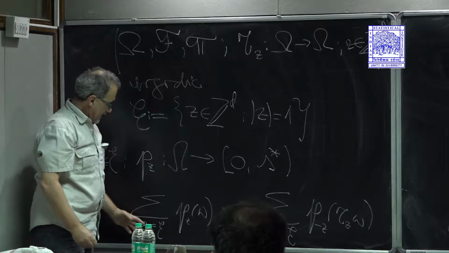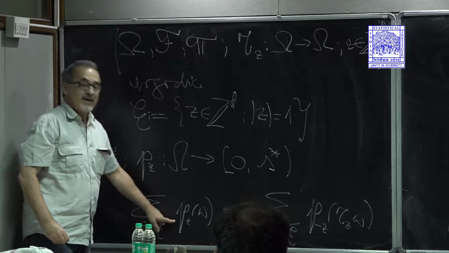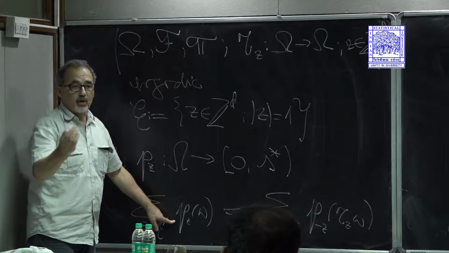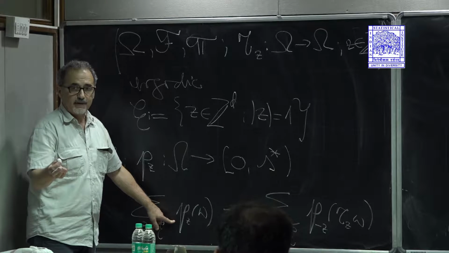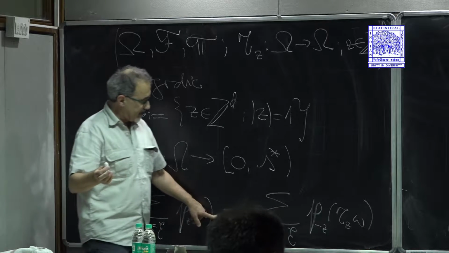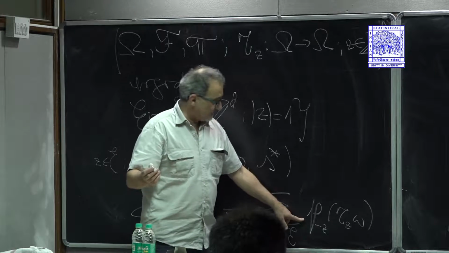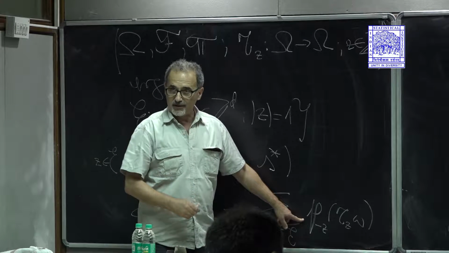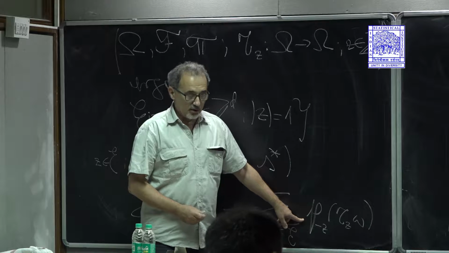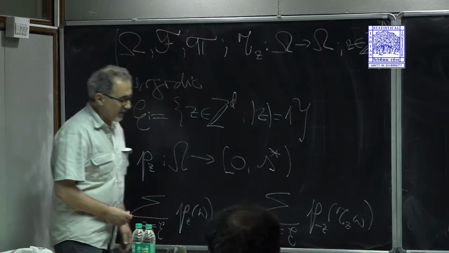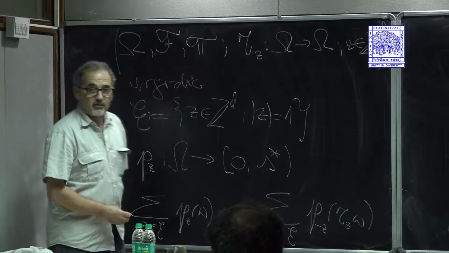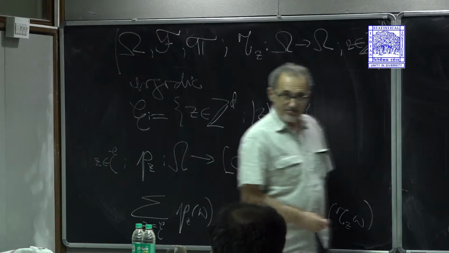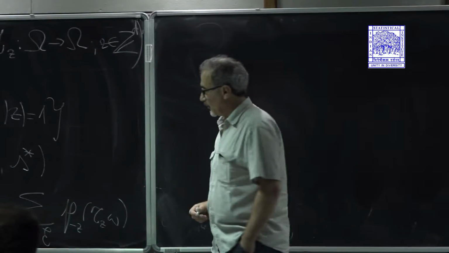What does it mean? That the sum of the rates jumping outwards, say from the origin, add up to the same value as the sum of the rates jumping inwards from the neighbors to the origin. This is what I call double stochasticity.